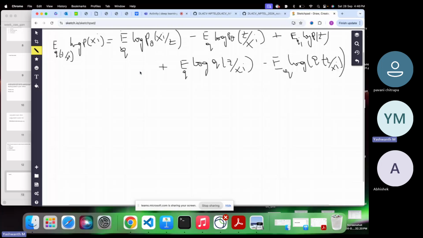Okay, so we can combine these two terms and we can combine these two terms.